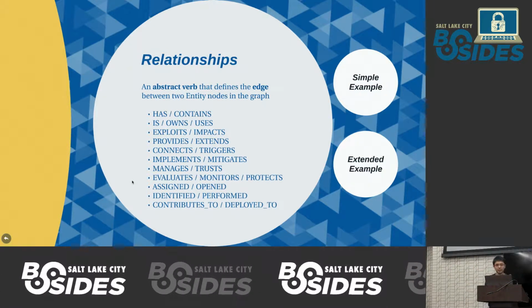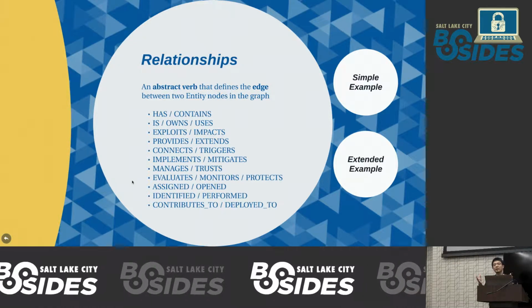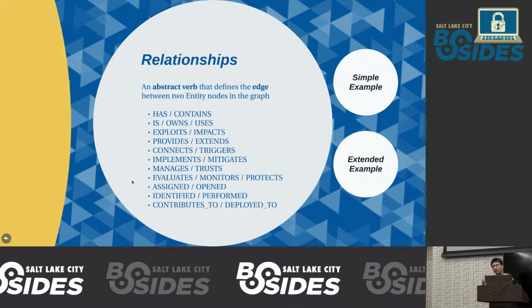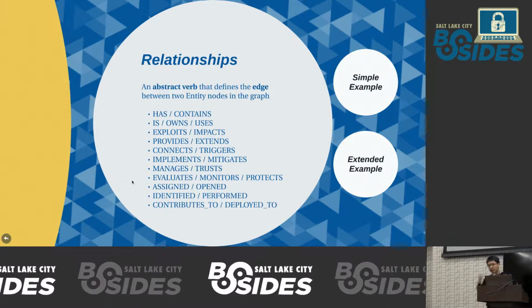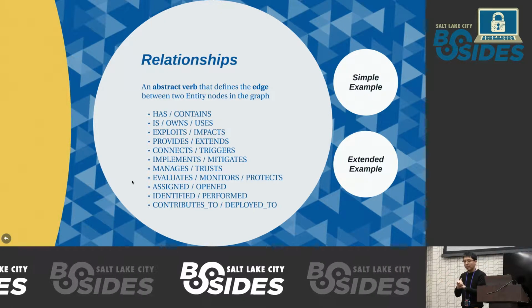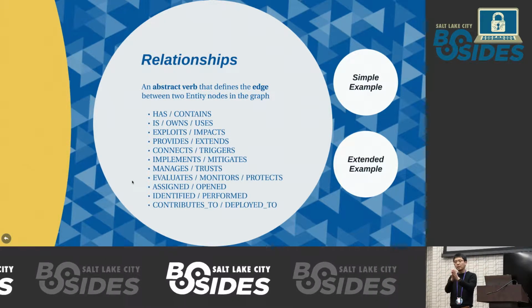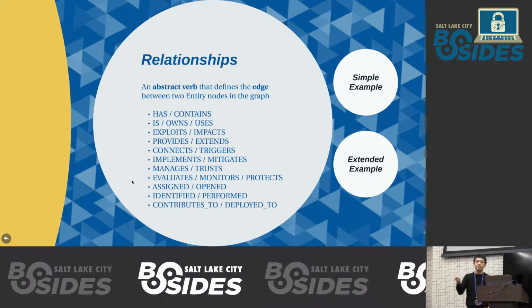These are some of the examples. Now, you can also have things like an attack that exploits a vulnerability which impacts an application or a code repo, right? So you can continue to chain and connect the dots using these relationships.